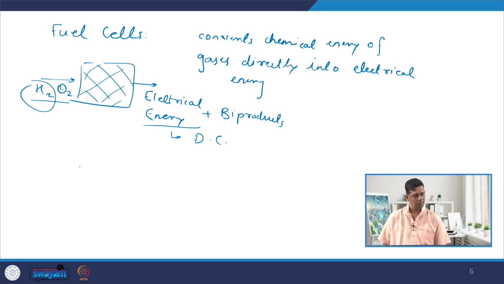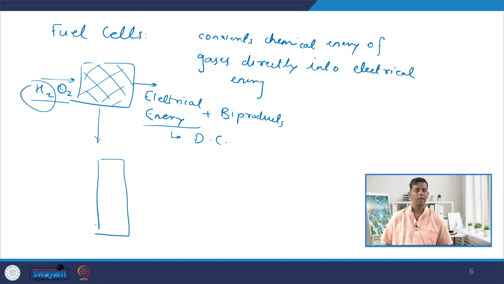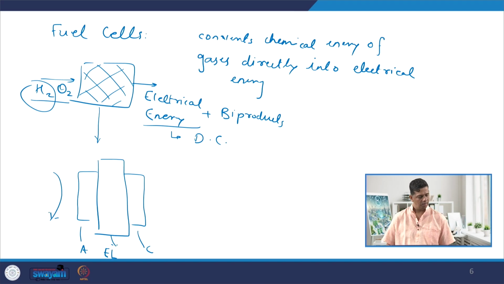If I try to elaborate as to what happens in this black box, let me draw a schematic. As we have already seen, in fuel cells we typically have two electrodes and one electrolyte. This is your electrode 1, let us call this the anode. We will see why it is called anode, and this one cathode, soon. And this is your electrolyte, let me write it as EL. When we supply hydrogen here and, let us say, oxygen on this side, different reactions take place.